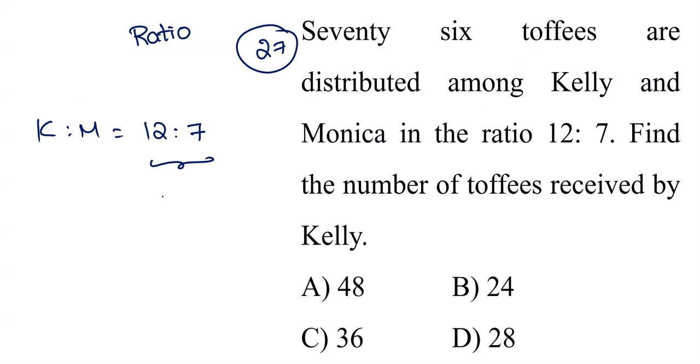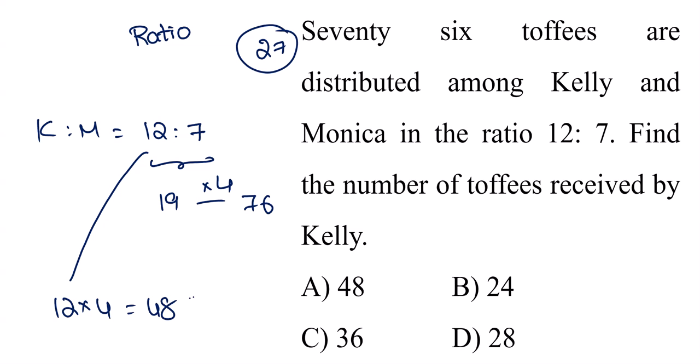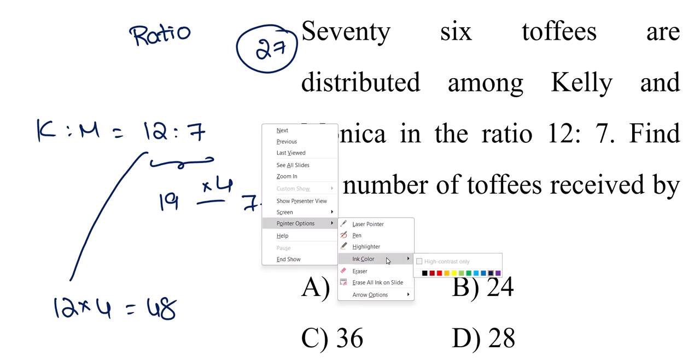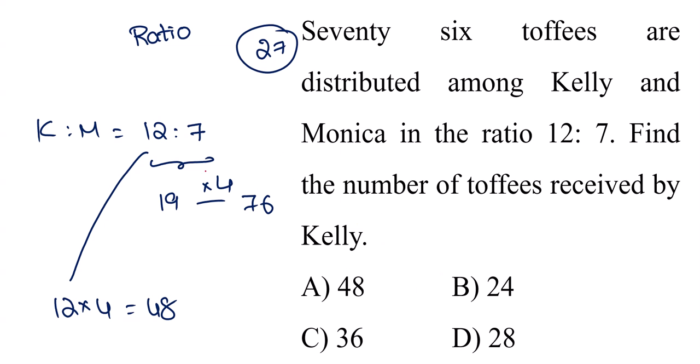This is 12 plus 7, 19. 76 means multiplied by 4. They're asking regarding Kaylee. So 12 into 4, 48 is your answer. 76 should be distributed among these two in a 12:7 ratio. 12 plus 7, 19. So we want 76 means multiplied by 4. And that too regarding Kaylee, 12 into 4 will get 48 as the answer.